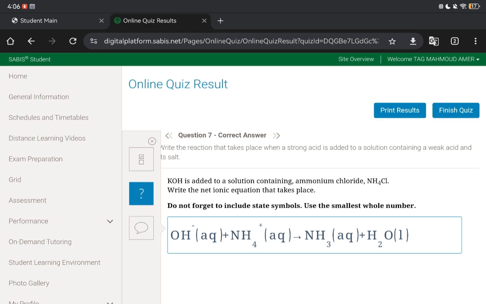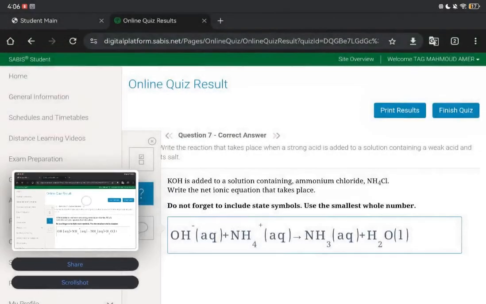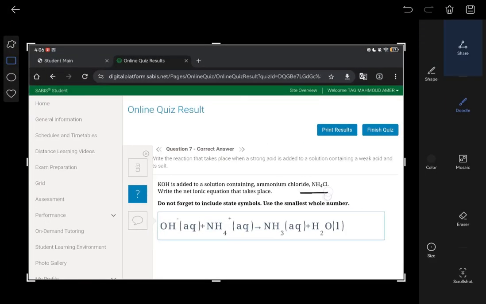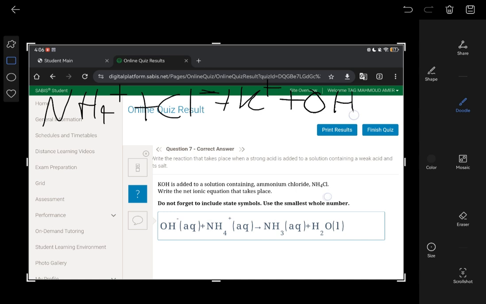KOH is added to a solution with NH4 plus. Remember, NH4 plus is a weak acid. Okay, so ammonium salt plus a base gives you salt, water, and ammonia gas. So that means NH4 plus. I'm gonna split them apart from now because they're asking for net ionic. Plus K plus OH minus gives you.